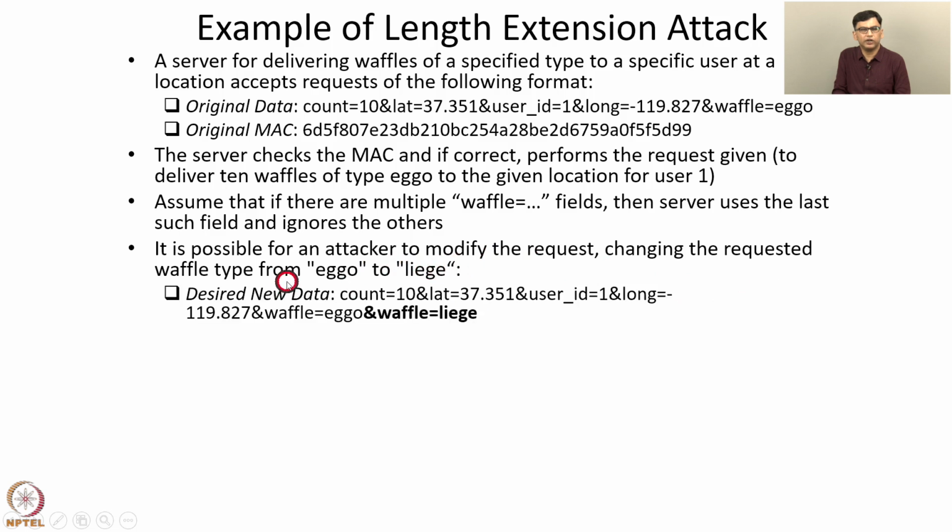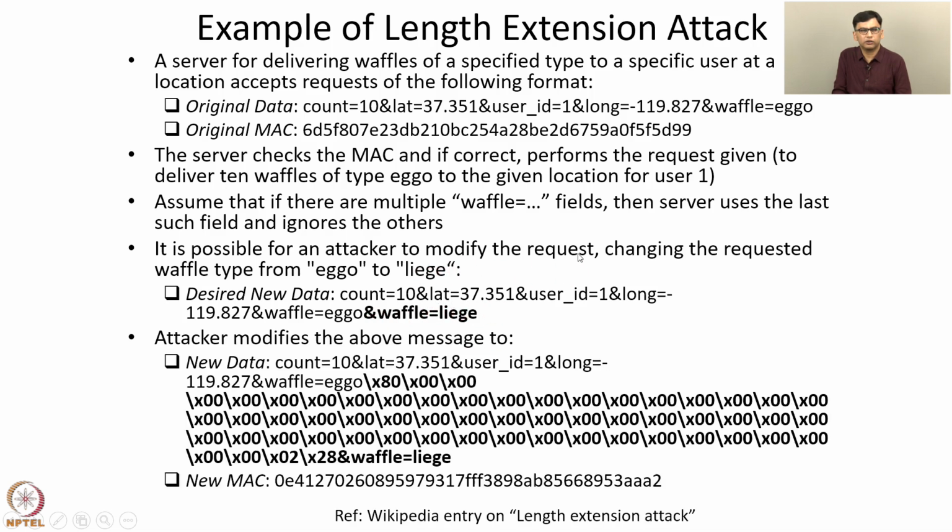So the desired new data is this. The new data consists of the original message along with and waffle equals LIG added to the end. So these are the spurious bits added by the intruder. The attacker modifies this message to the following.